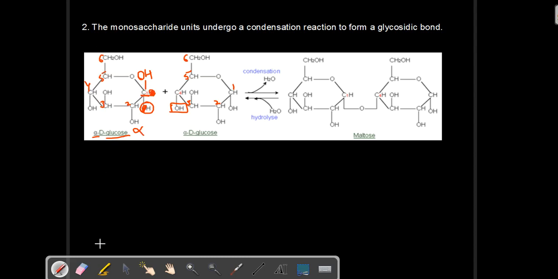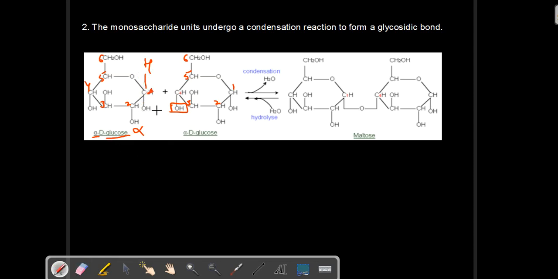Right. Anyways, I hope you've understood what we understand by alpha and beta monosaccharides. So why is this alpha glucose? Because in this particular case, the OH group is to the bottom and hydrogen is to the top. For simplicity, I'm writing it to the top.